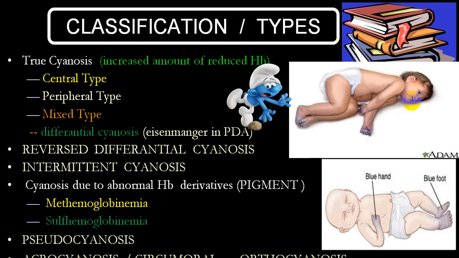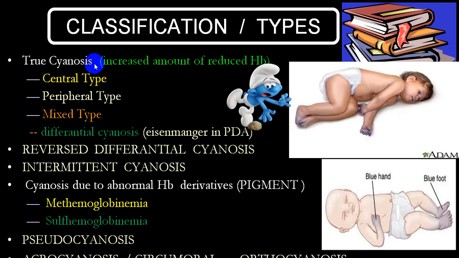Now, if we use some terminology, we divide into two big groups. One we call true cyanosis, and the second word we commonly utilize is pseudo cyanosis. True cyanosis means there is definitely deoxyhemoglobin circulating in the blood, while in pseudo cyanosis there will be bluish discoloration of skin and mucous membrane, but it is not because of deoxyhemoglobin more than 5 grams circulating in the blood.